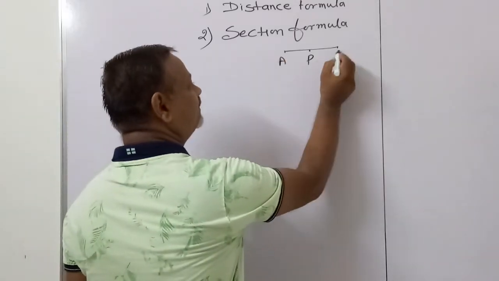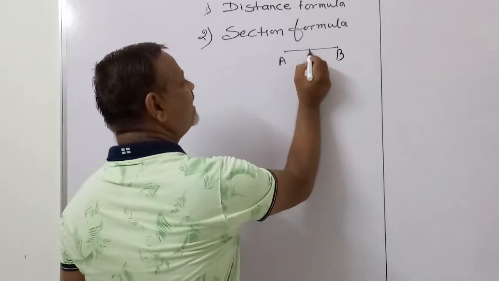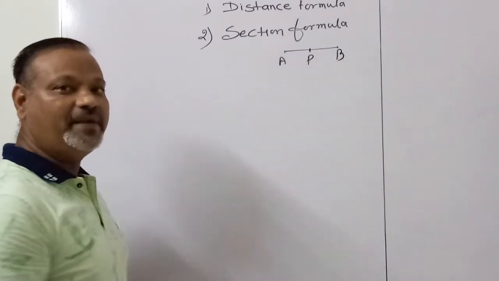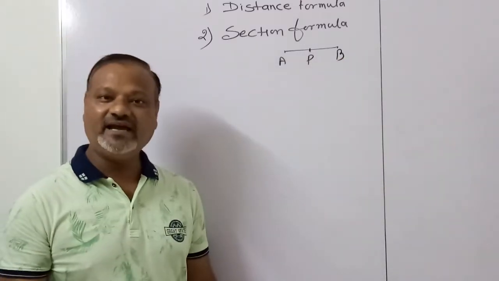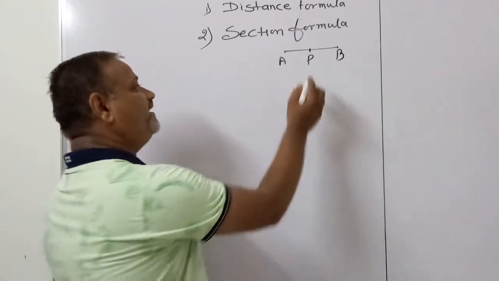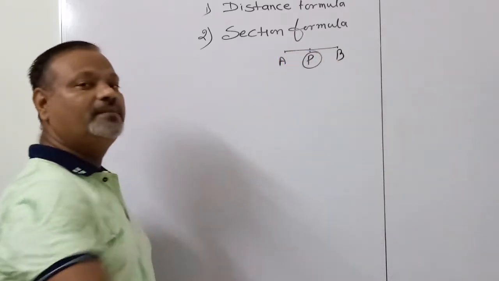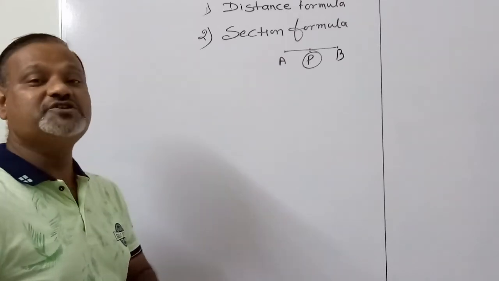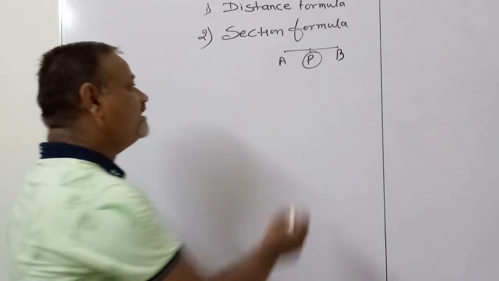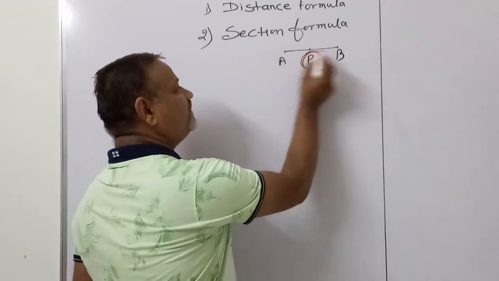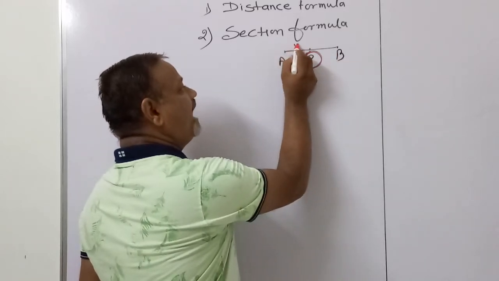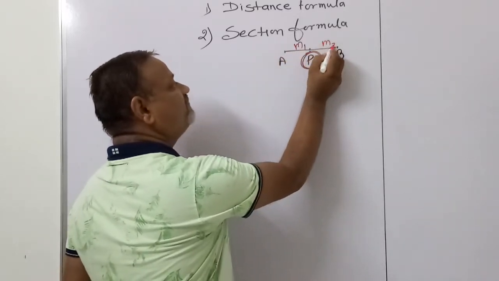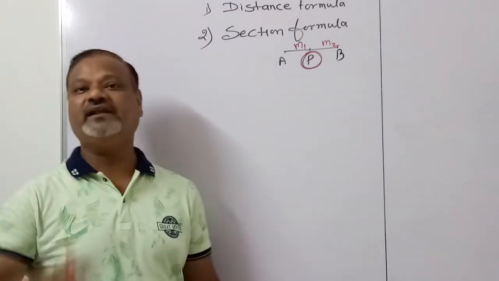For example, the segment AB is divided by P. We can find the coordinate of P by using the section formula. Now this P divides the segment AB in 2 parts, M1 and M2. 2 part में divide किया.